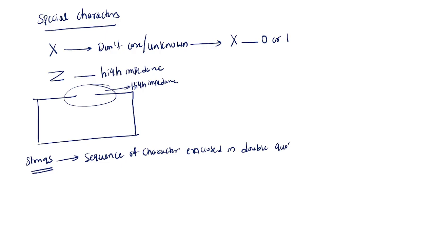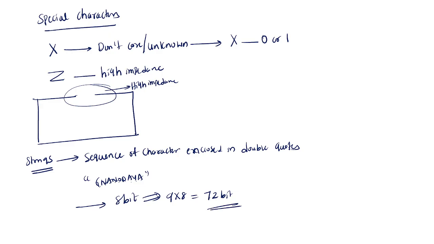Like we'll call "nanodaya". Nanodaya means each character will take 8 bit. So how many characters are there? 1, 2, 3, 4, 5, 6, 7, 8, 9. So 9 times 8, total 72 bits. Like this it will store.